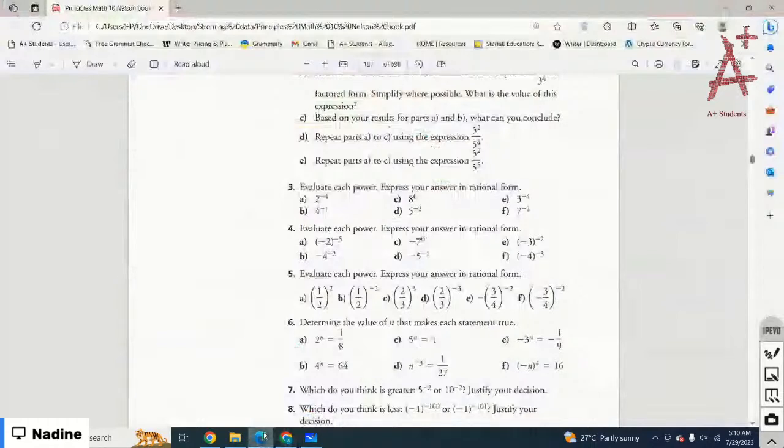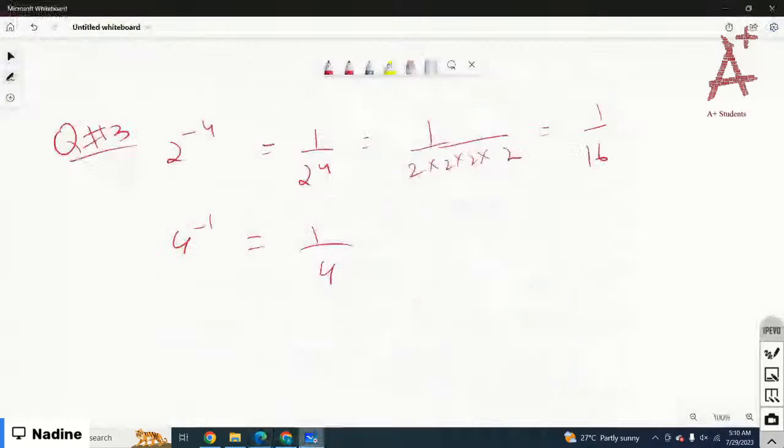F part is 7 exponent negative 2. It would be 1 over 7 exponent 2, and 7 times 7 is 49. So it would be 1 over 49.